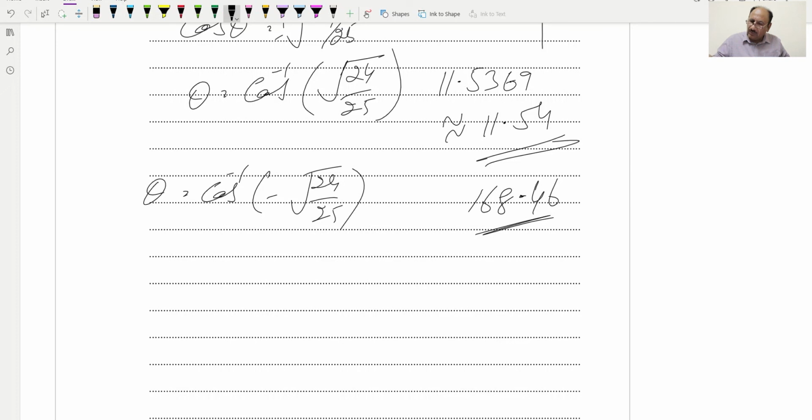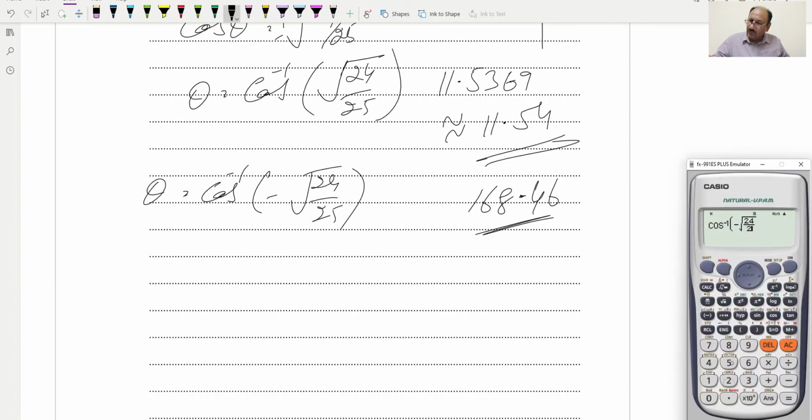And shift cos, if we check with the negative sign, 24 over 25, and we can close bracket, and we can check from here also 168.46 value, which we got from the negative angle. And this is done. Now we can move to the next question, which is question number 8.